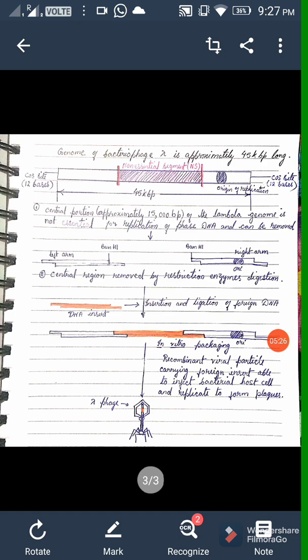Remember these small important points which I mentioned, because they often come as multiple choice questions in competitive exams.